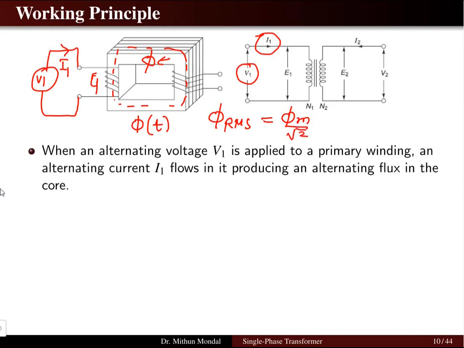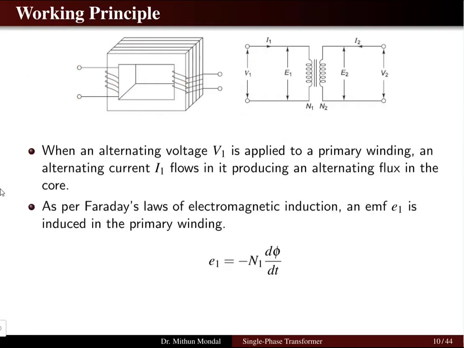Due to this alternating flux, the EMF which is generated in the primary winding according to Faraday's law of electromagnetic induction is given by E1 is equal to minus N1 d phi by dt.